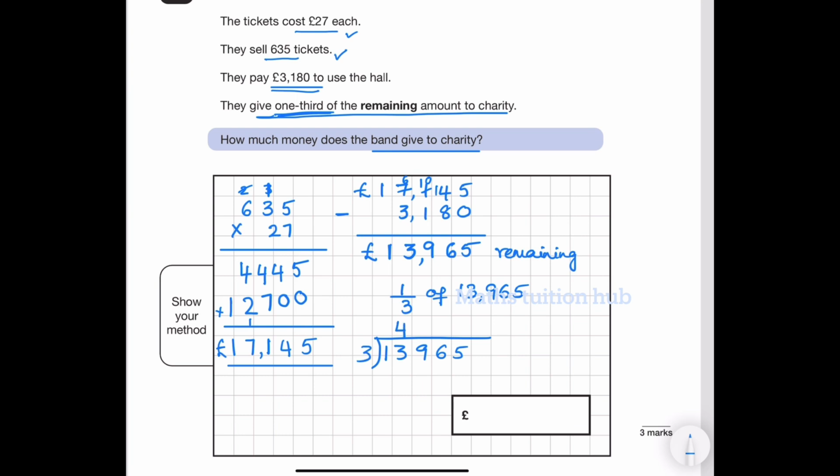So 3 times 4 is 12 and 1 remainder. 3 times 6 is 18, 1 remainder. 3 times 5 is 15, 1 remainder. And 3 times 5. So that's 4,655 pounds. So the charity got 4,655 pounds.